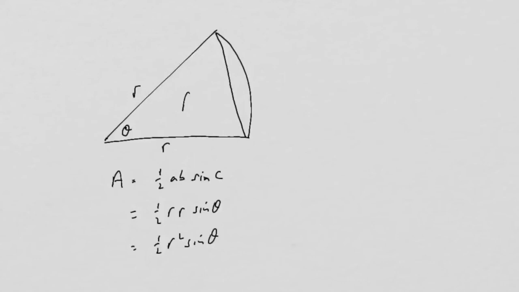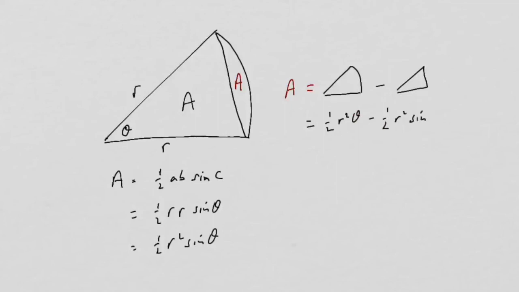That's the area here. So if we want to find the area of this bit here, then that is equal to the area of the sector take away the area of the triangle. So that gives us a half r squared theta minus a half r squared sine theta, which is a half r squared (theta minus sine theta).